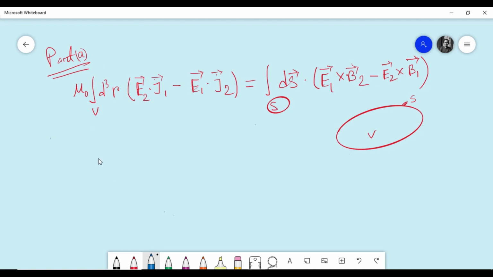Now let's simplify the right hand side here with the divergence theorem. So with the divergence theorem, it would be simply this. And also there would be a divergence on the second term.